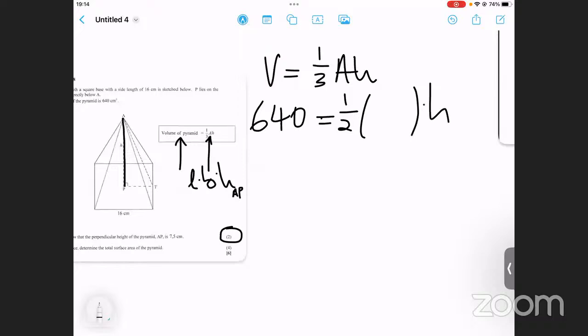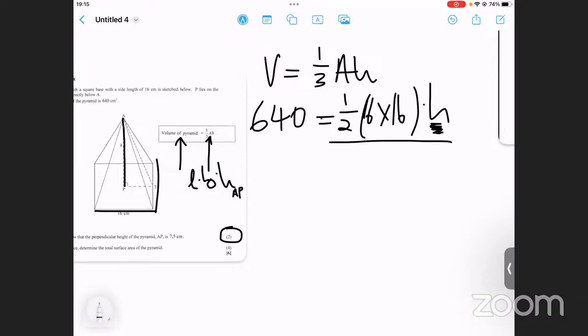The area should be that by that. So that means one can say 16 times 16, or one can say 16 squared. Doesn't matter. But what you should remember is that this is what you are looking for. So that means you must remove everything that is attached to what you are looking for.